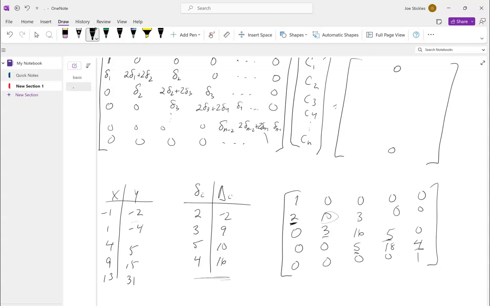So 2 times 2 is 4, 2 times 3 is 6, added together you get 10. 2 times 3 is 6, 2 times 5 is 10, 6 and 10 is 16. That's where those come from. So again, down this diagonal, your deltas, down this diagonal, just your next deltas in the sequence. 1, 2, 3, 3, 2, 2, 3, 4, and then you're done.